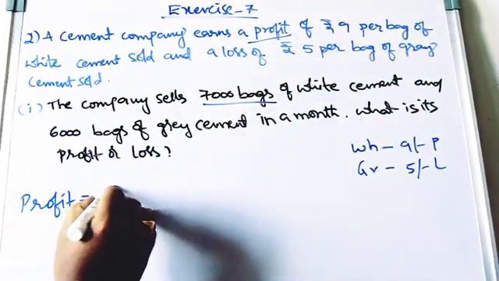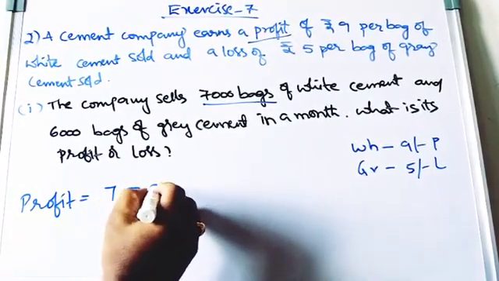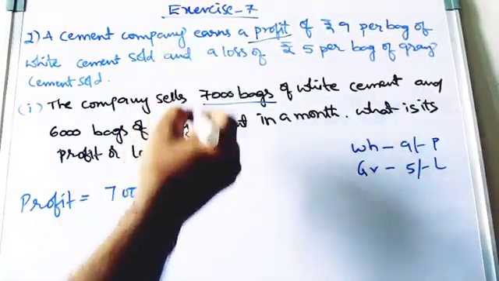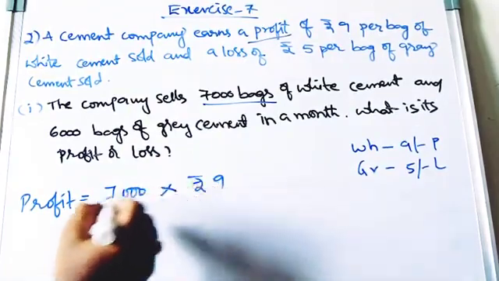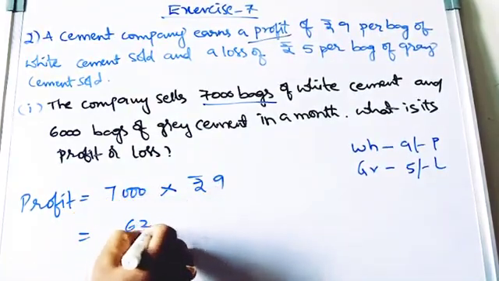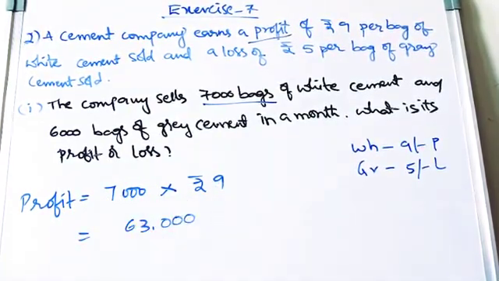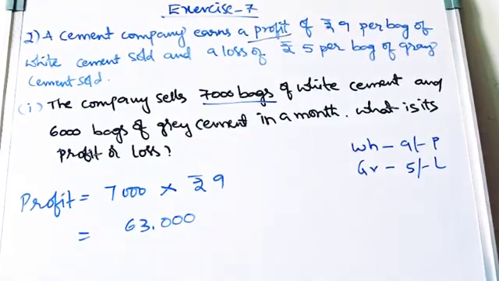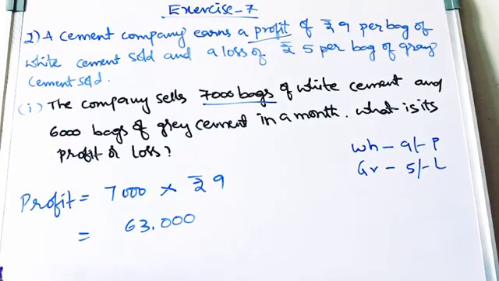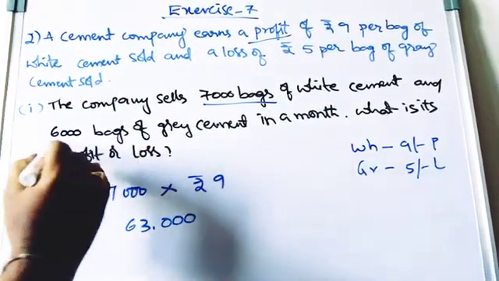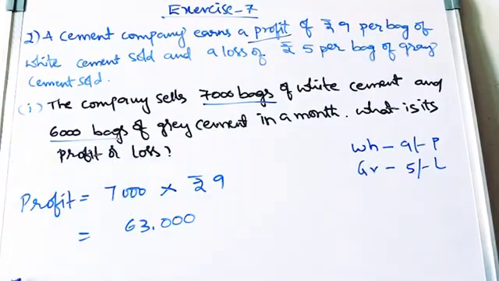So profit is equal to 7,000 white cement bags into 9 rupees profit. So 7 9s are 63,000. So if the company sells 7,000 white cement bags, the profit is 63,000. Then next they are selling 6,000 bags of grey, that is loss.